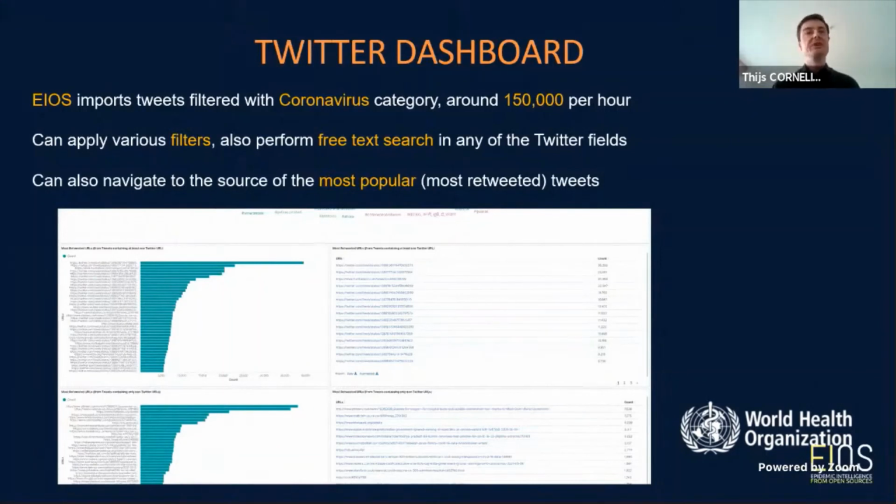So you can, for example, perform sentiment analysis. If you want to know what people are tweeting and discussing about side effects of corona vaccines, you can enter a few keywords in the free text search and you find the most popular tweets, and you can also navigate to the original tweets that are the most popular ones, that have the most retweets.